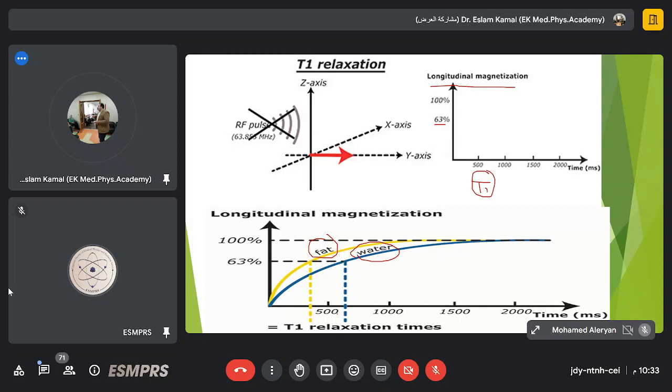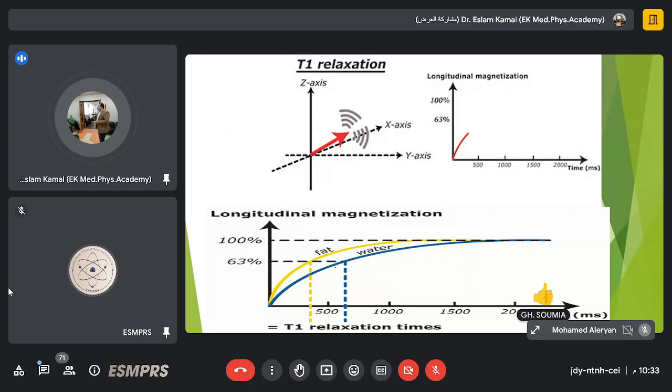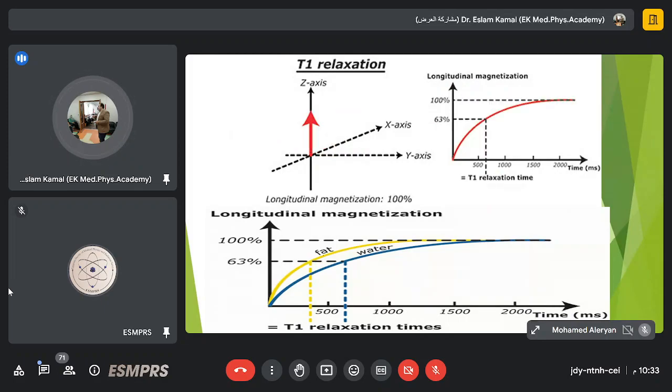So at a certain point, if you are going to measure the MZ for fat and water, for example here, which one has higher MZ, fat or water, at this point?